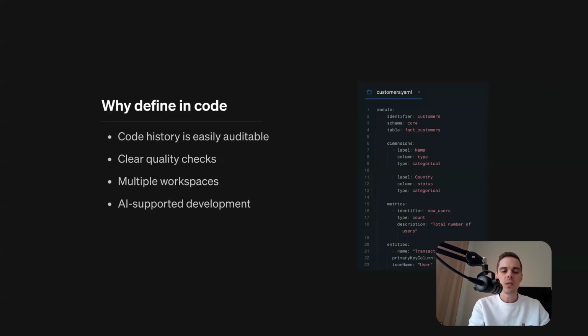You can own it and you can customize it in a much more powerful way than you can do with the UI. If you are also running multiple workspaces that are somehow similar, you can use code to write once and deploy everywhere. And of course, in the AI era, AI-supported development is mainly done in code. So code will allow all of these different characteristics, and you can leverage them to be even more efficient in your daily work.